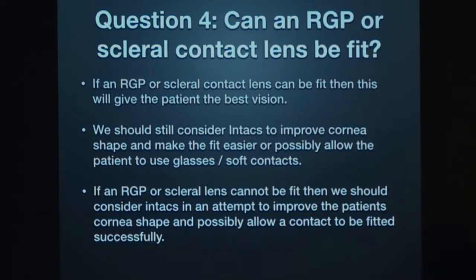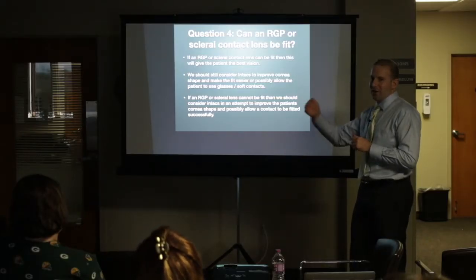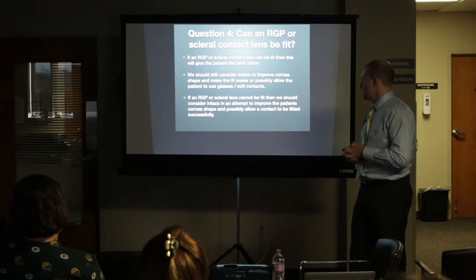In somebody that can be fit in one of these and sees well, we would think about Intacs to improve the cornea shape and maybe make the fit easier and maybe allow the person to see well in glasses or soft contacts too. It depends on how far away they are from that being realistic.